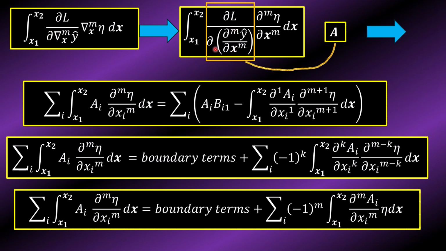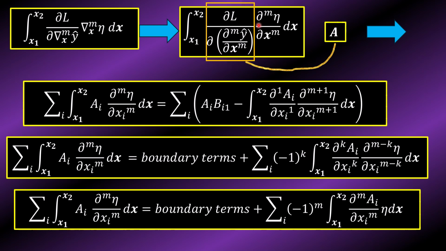I just switched notations from here to here. It's still the Jacobian derivative with respect to x. But this is the mth term that I want to focus on from the previous slide, and we're going to try to expand it.